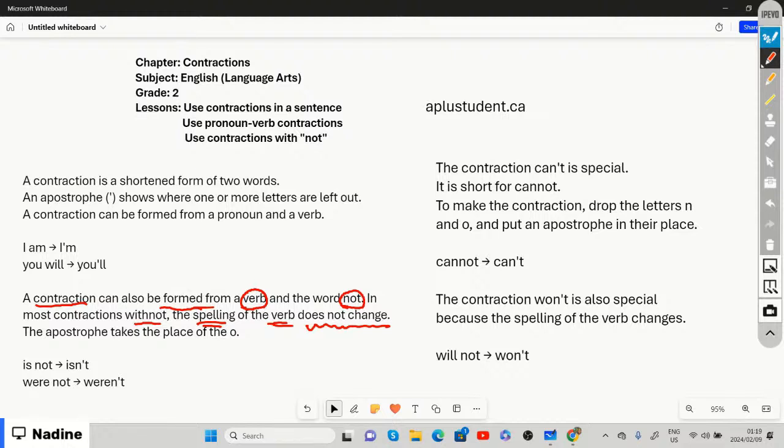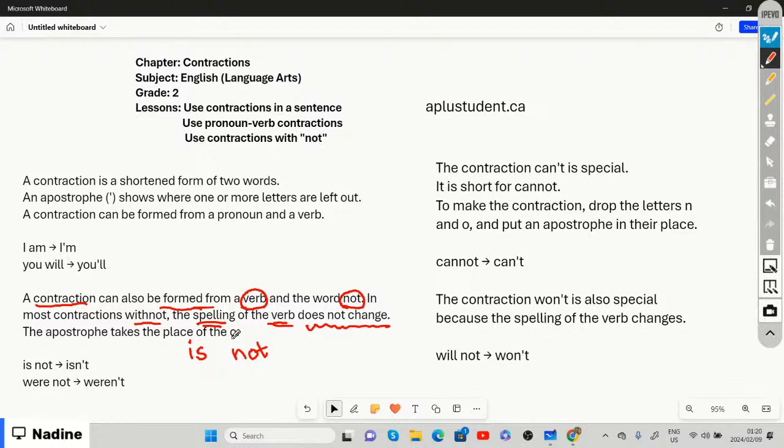And if we look at an example, right? Is, which is our verb, and not, right? We need to shorten those two words to form one word. So we need to shorten those two words so that it becomes one.